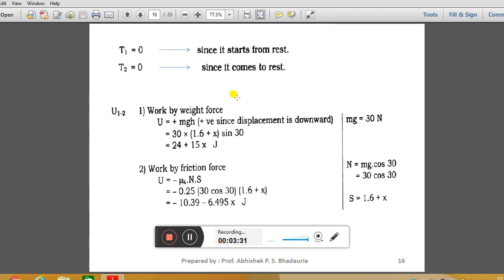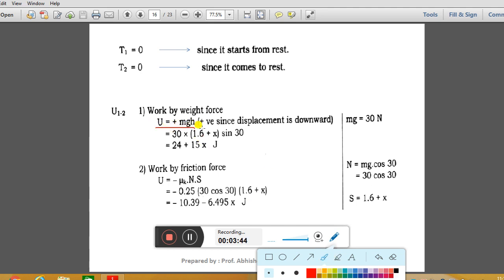First of all we'll find the work by the weight force. Work by the weight force can be calculated by the expression U is equal to mgh.